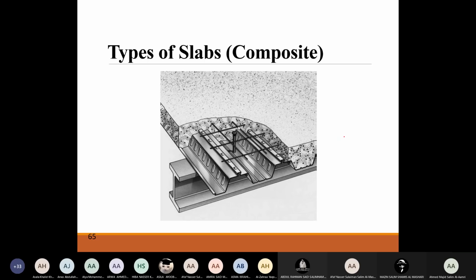Now you can see here that this is a slab and this is your steel beam, but they are connected between each other, right? So they act as restraining. They don't act as separate elements, they act as connected elements.